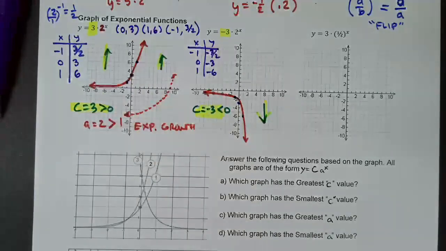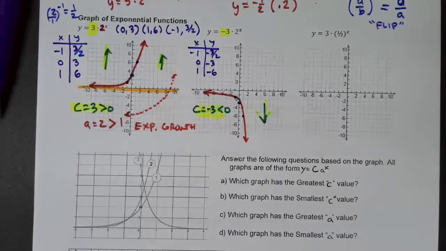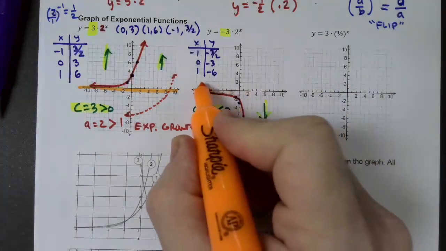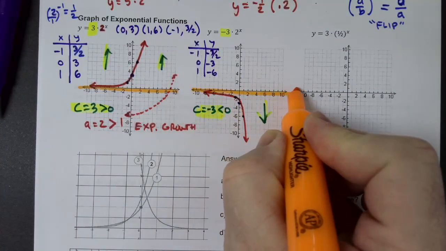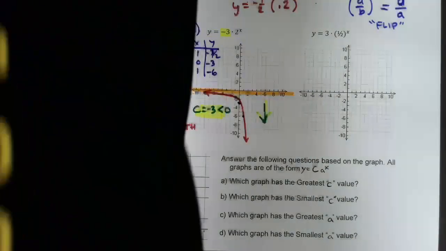When C is greater than 0, we're never going to go below the y-axis. When C is less than 0, we'll never go above the y-axis. Okay. Let's take a look at the next one.